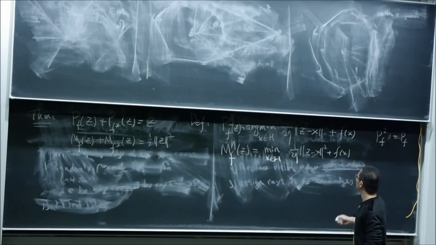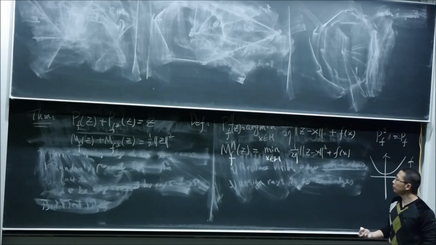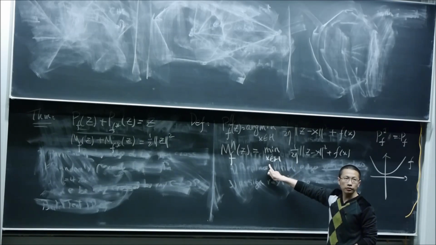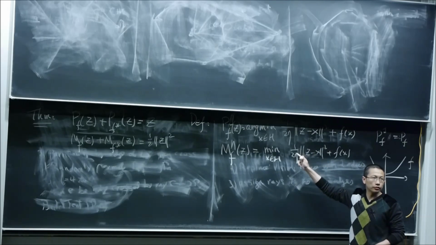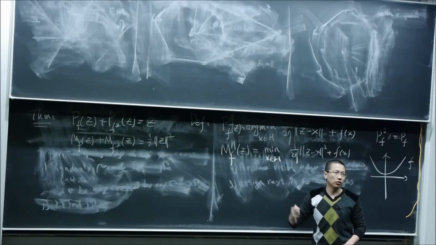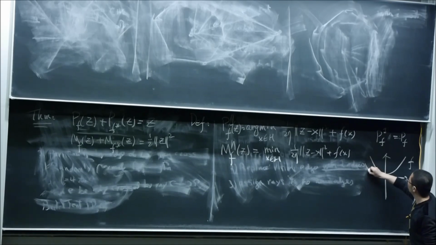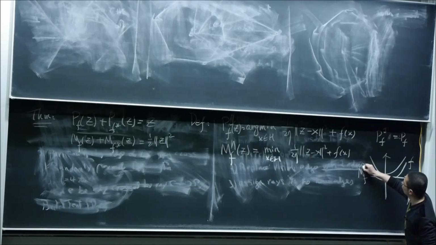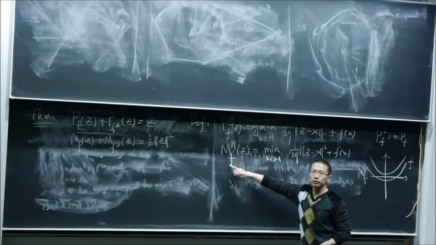It's called an envelope function because if you have a function f, you can immediately prove, by taking x to be z, that this term cancels. It's just 0, and you get f of z. So m f of z is always smaller than f of z. If this is my f, this is going to be my envelope function m f eta. So it's always an underestimate of my function f.